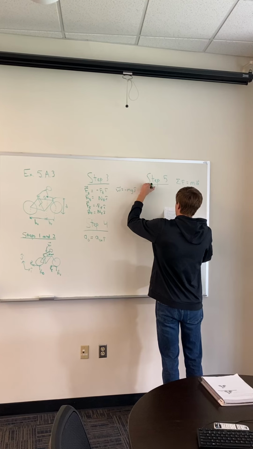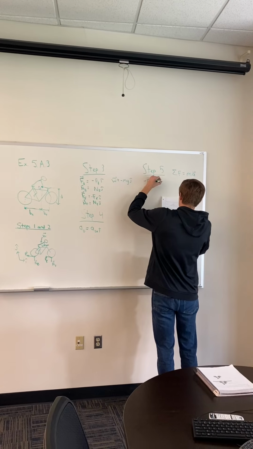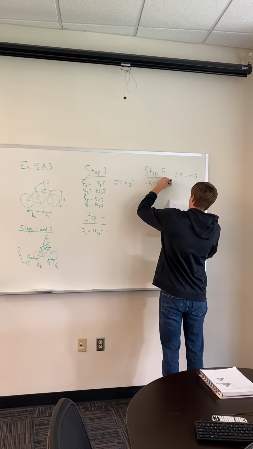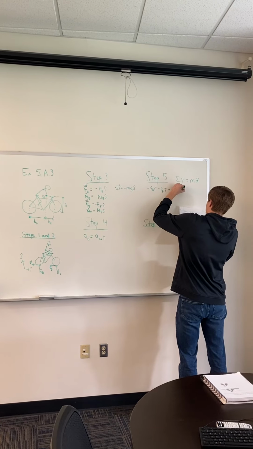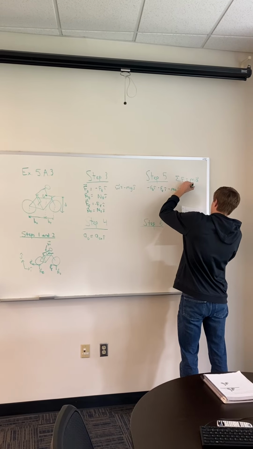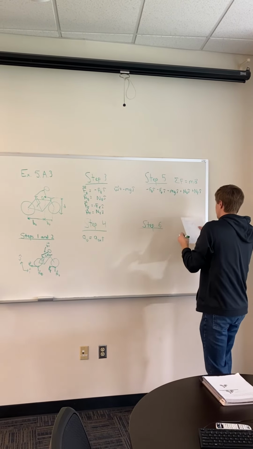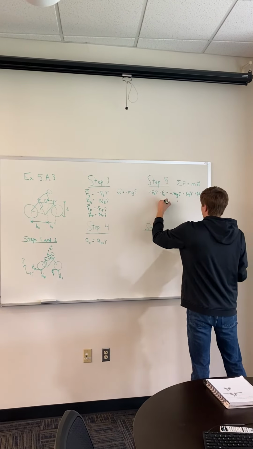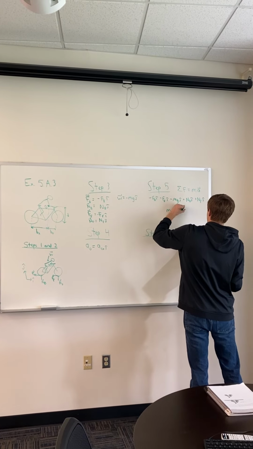Writing this out, we're going to have our negative F_B i hat, negative F_F i hat, minus our weight force, plus our normal force in the rear wheel, as well as plus our normal force for the front wheel. Now we're going to set that equal to mass times our acceleration, so it's just going to be mass times acceleration x i hat.